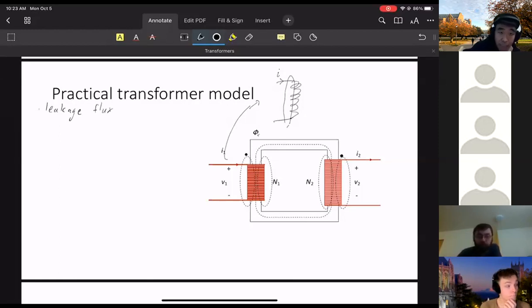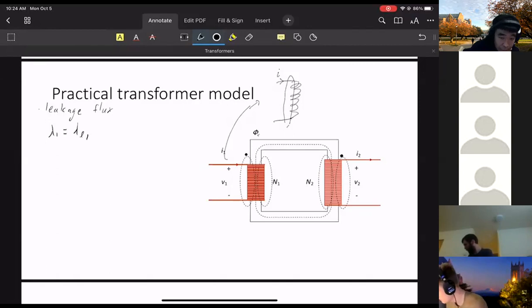So then the total flux is the following. So the total flux I have is the flux that I leak at one, that goes through the inductor, that doesn't go through the transformer, plus whatever is generated inside. Then I have the same thing at 2.